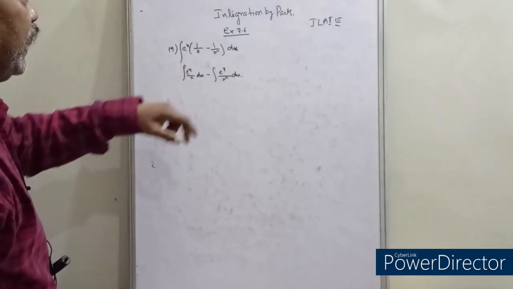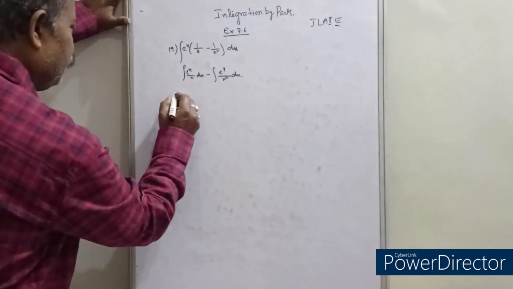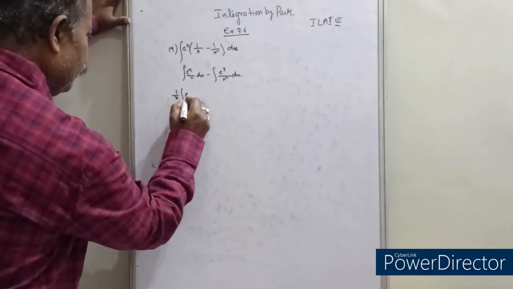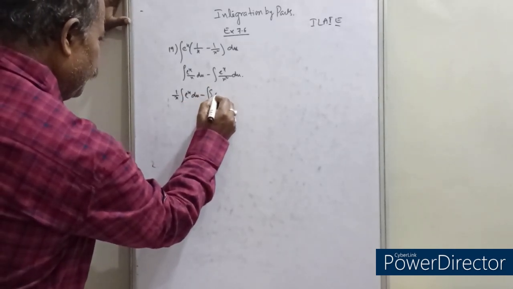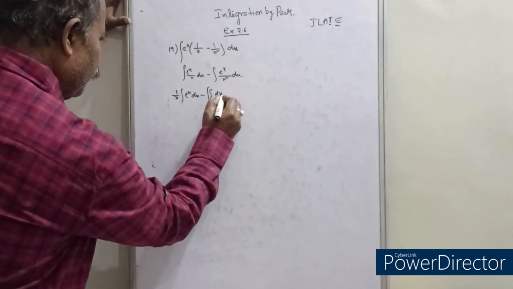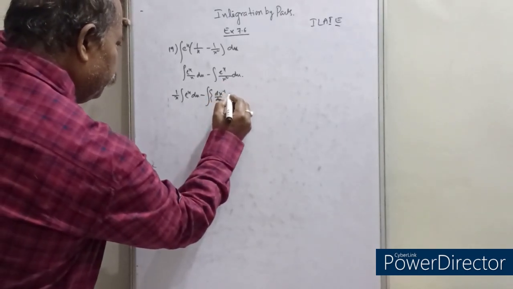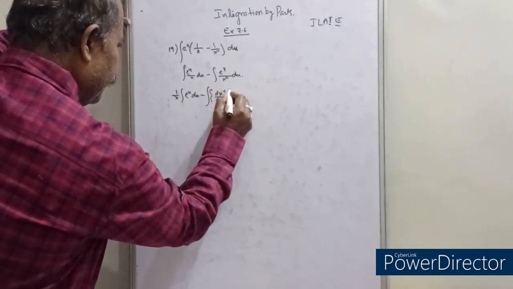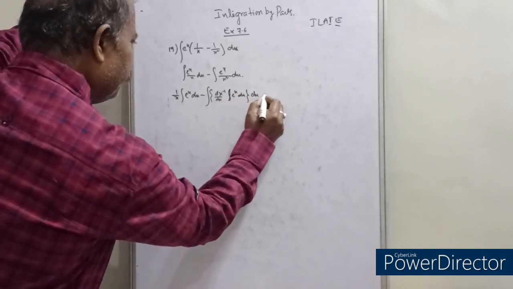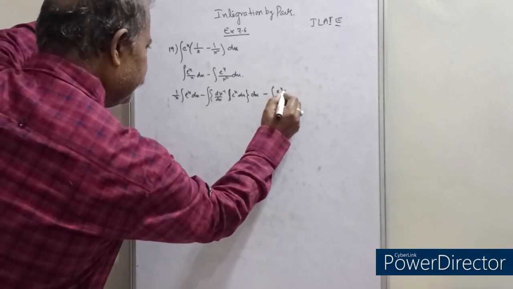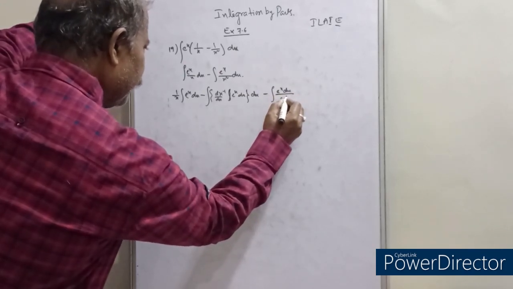So exponential and algebra, your algebra will be your first function: 1 by x times integration of e to the power of x dx, minus integration of the differentiation of x to the power of minus 1 times integration of e to the power of x dx, bracket close, dx, minus e to the power of x dx by x square.